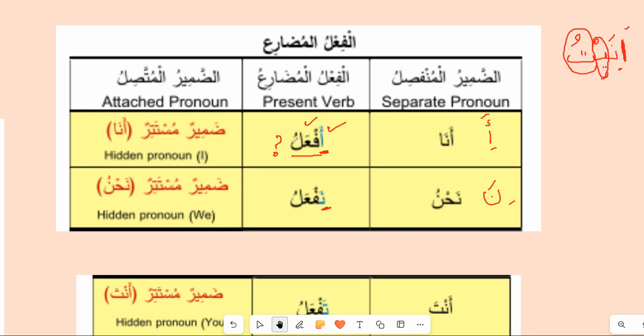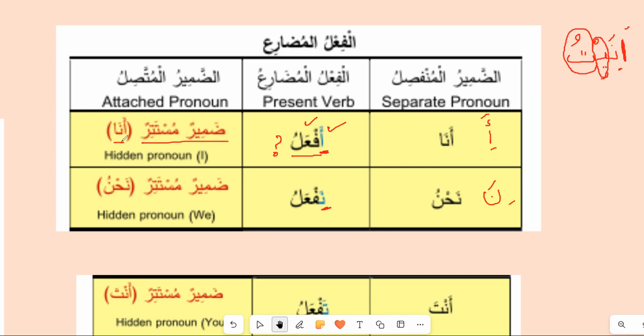Do you find a damir after the fail? No, there is no damir attached to the fail here. So where is the damir? Whenever you come across a fail like this, you have your fail mudare and your fail, but you don't find a damir attached after it, then know that your damir is hidden inside the fail, called damir mustatir.